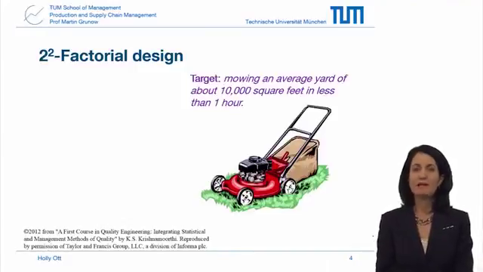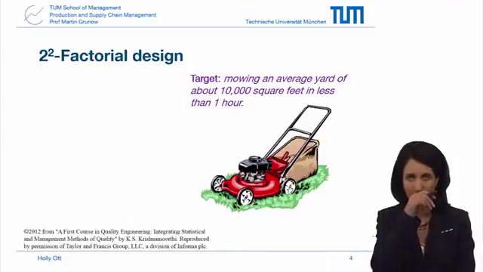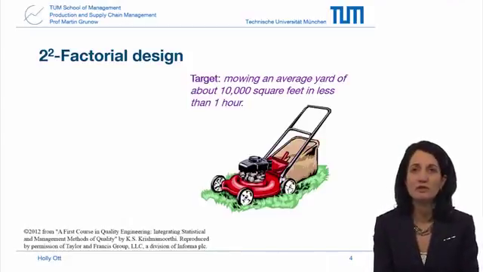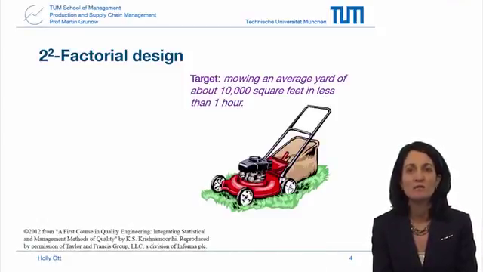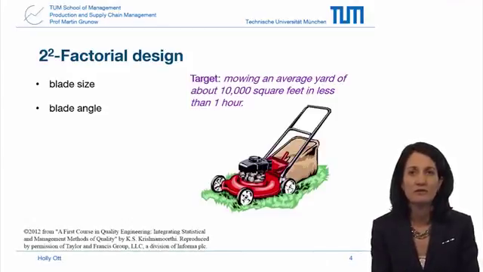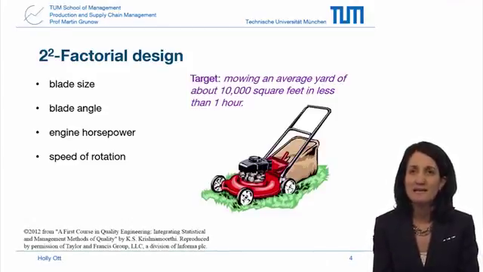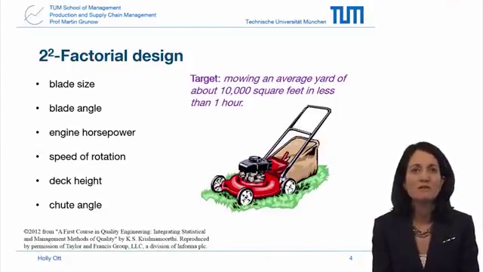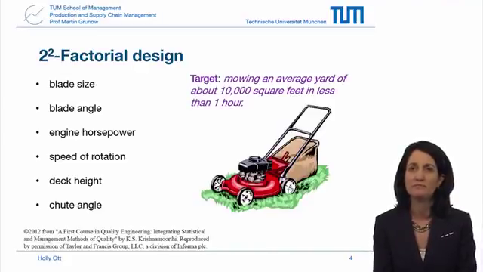In this case, the design team might have chosen the performance target as mowing an average yard of about 10,000 square feet in less than 1 hour. They might then decide on the product parameters, such as the blade size, the blade angle, engine horsepower, speed of rotation, chute angle, deck height, and so on.